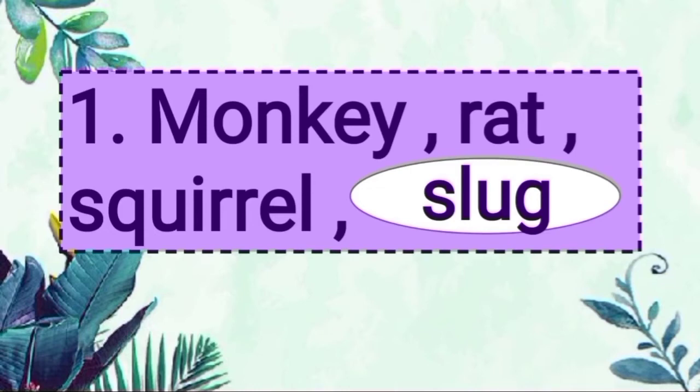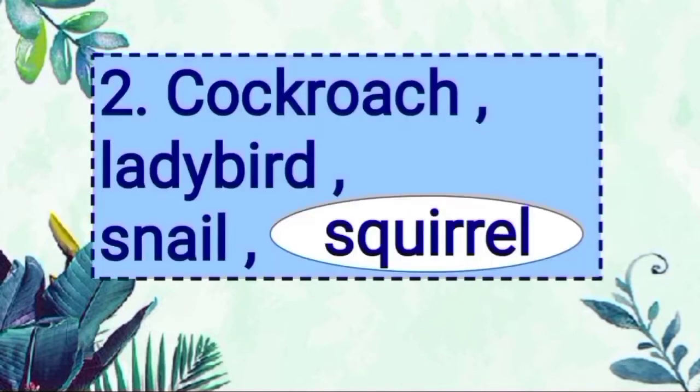But monkey, rat and squirrel are examples of animals with a backbone, meaning vertebrate animals. So the fourth word, slug, is different from the first three words. So we have to circle the fourth word, slug.